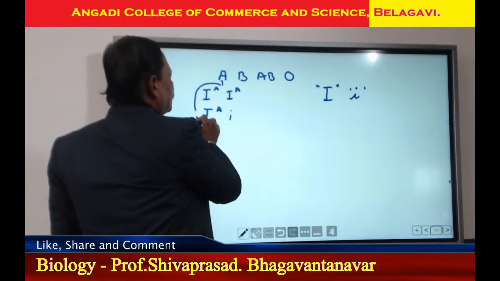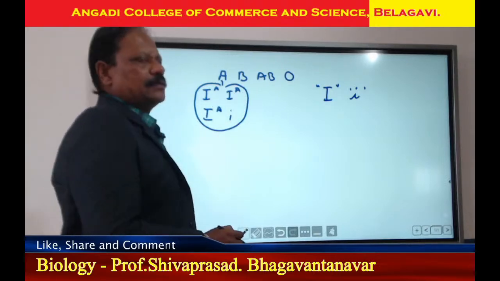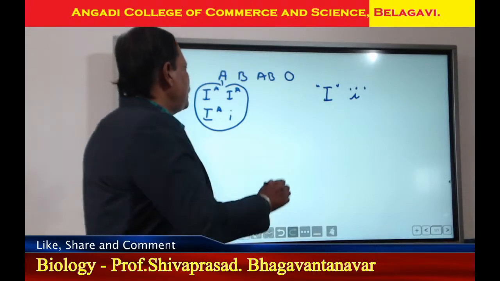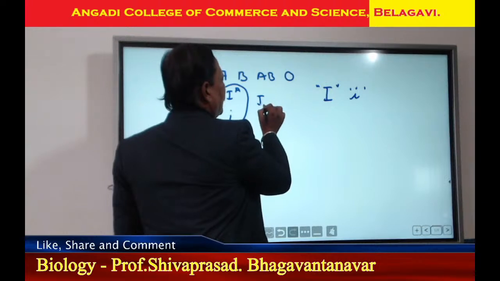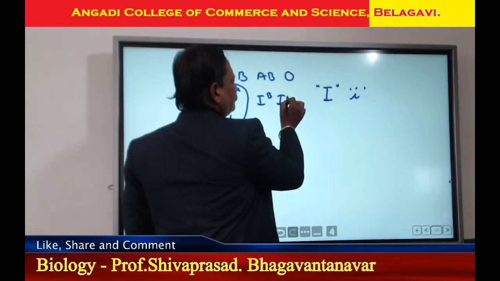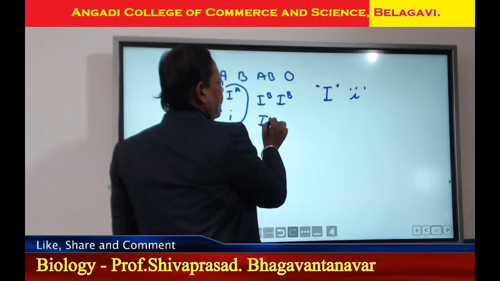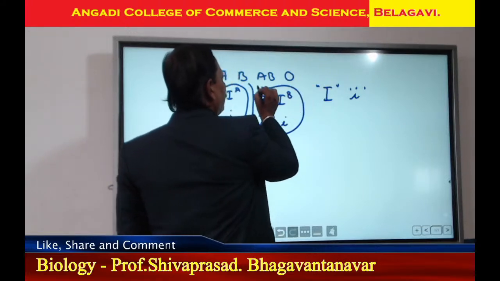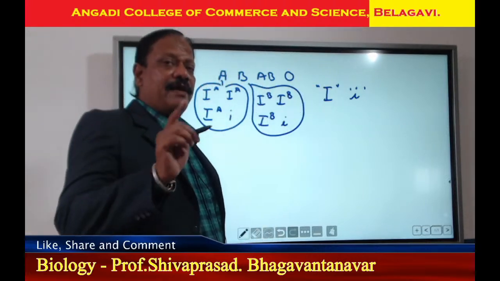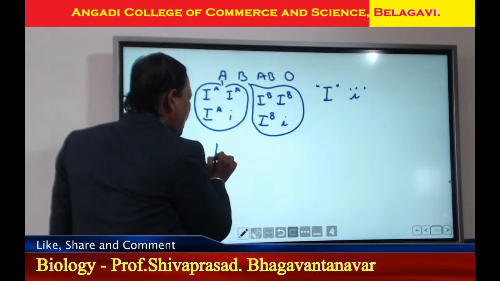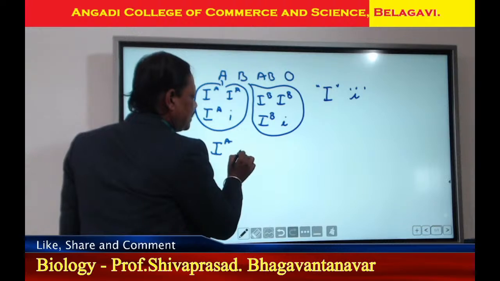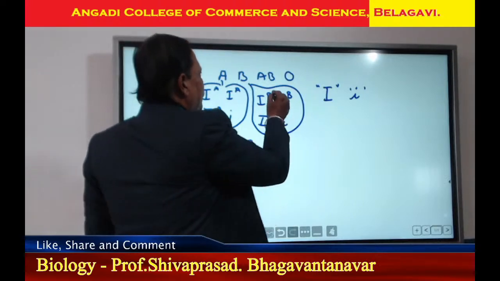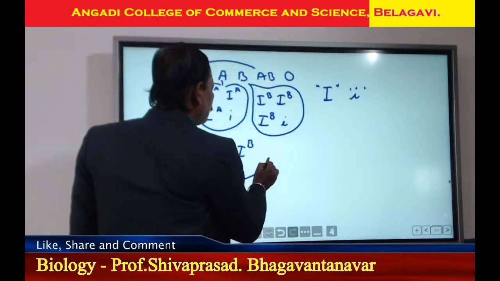So, this is a group which is representing blood group A. Then when we are studying B, B is also represented by I B, I B, and I B and small i. It shows blood group B. Then when AB is there, that time I A and I B, it is in heterozygotic condition. So, it is representing the blood group AB.